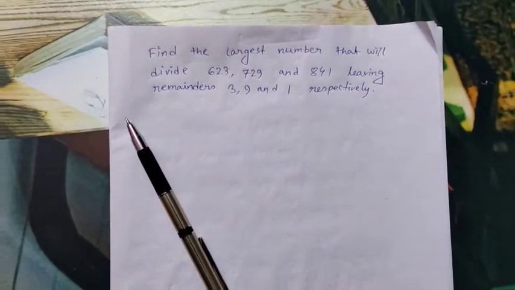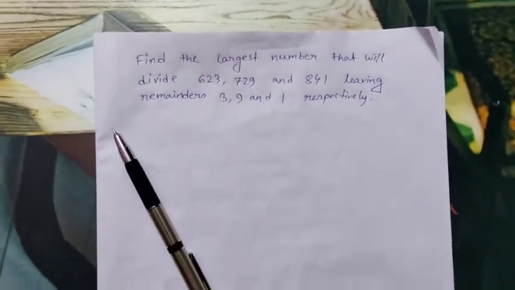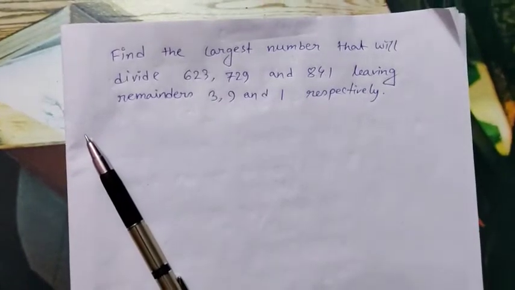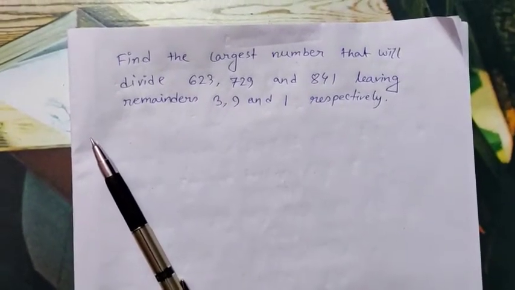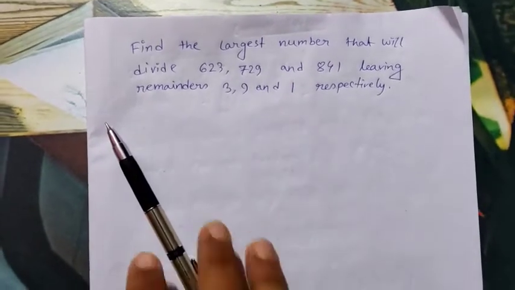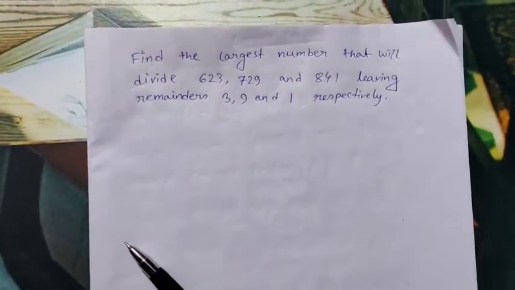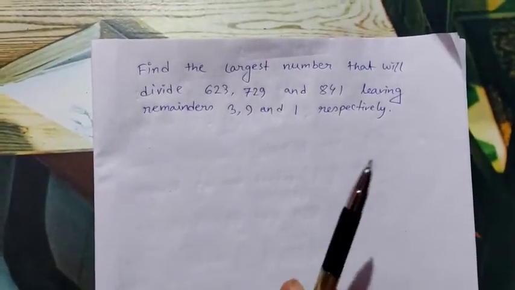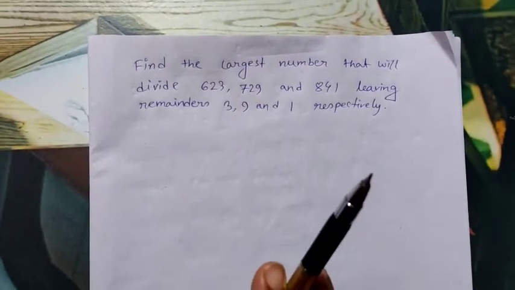Now let's see the next type of sums in HCF. Find the largest number that will divide 623, 729 and 841, leaving remainders 3, 9 and 1 respectively. So what is asked? You have to find a number, the largest number.